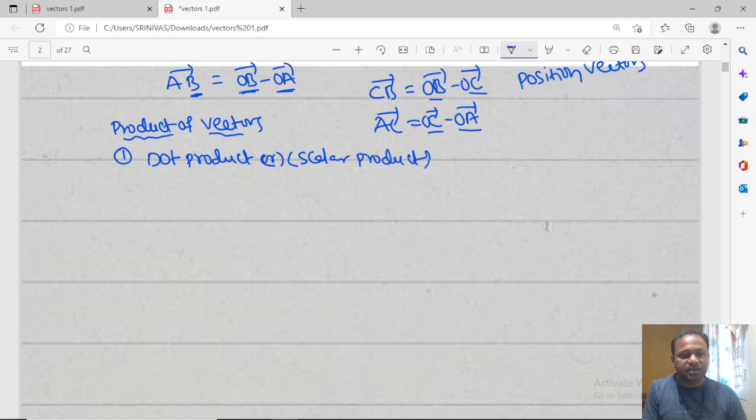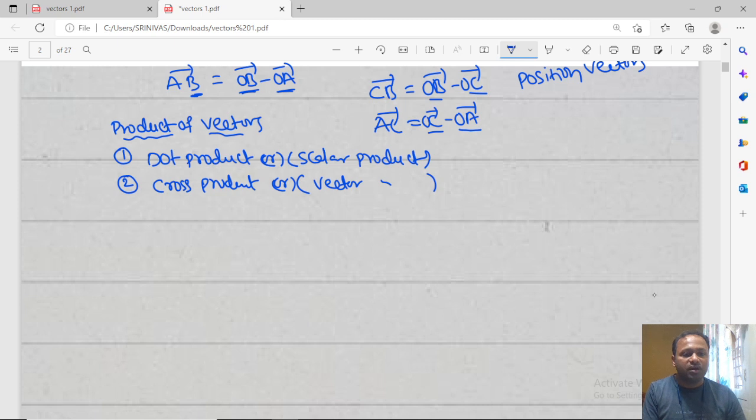The second one is the cross product, or we can say vector product.